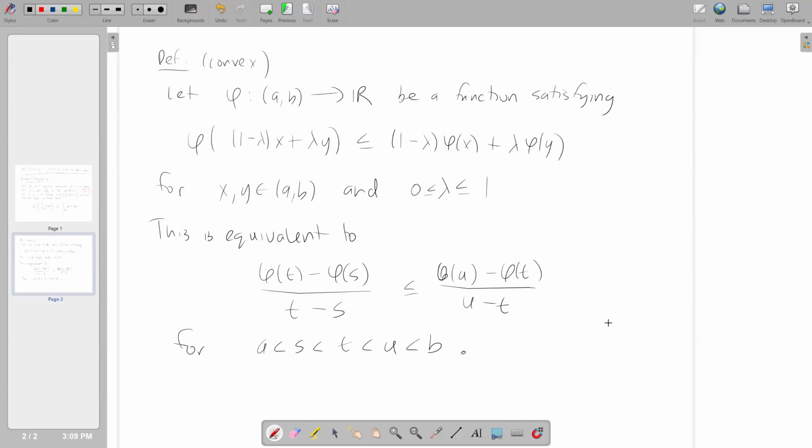So this is the form we're going to use. Let me just indicate why these are equivalent.